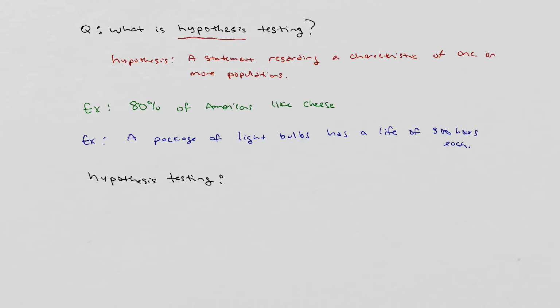So hypothesis testing is just a procedure that we're going to develop that's based on sample evidence, and also some probability thrown in there. We're going to use the sample and probability to test a hypothesis.